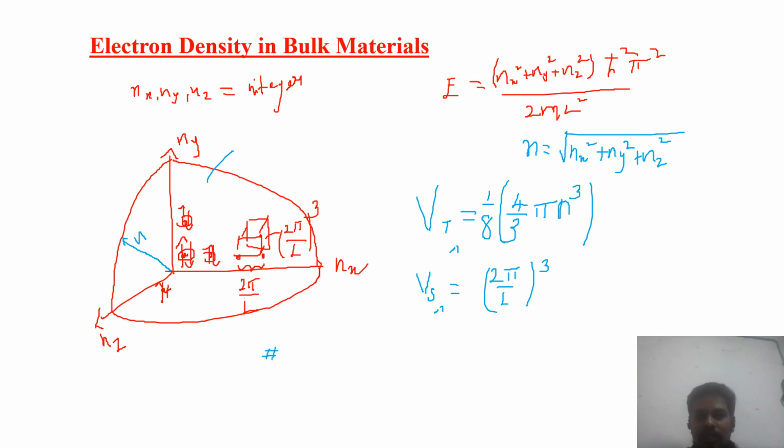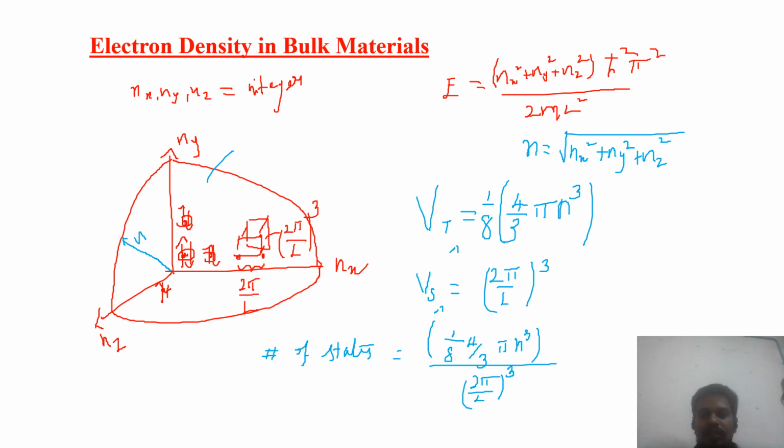So the number of states is equal to the volume, 1/8 of 4/3 π times the radius cube, this is the total volume, divided by the volume of the single state.